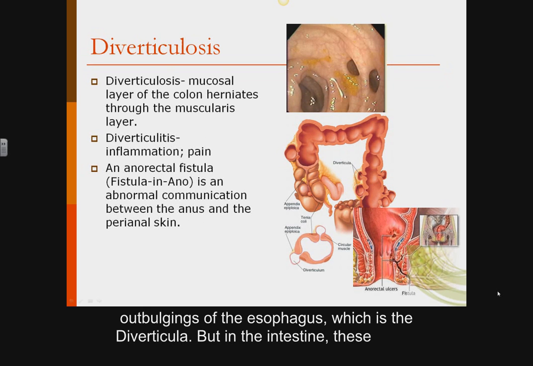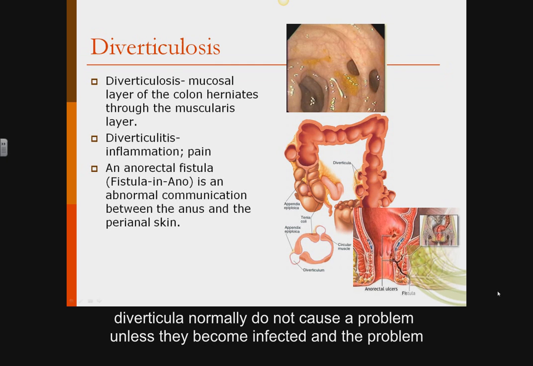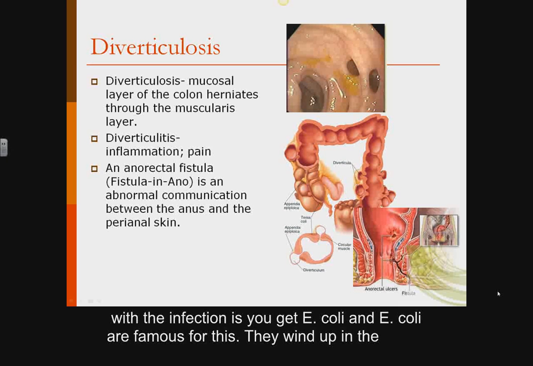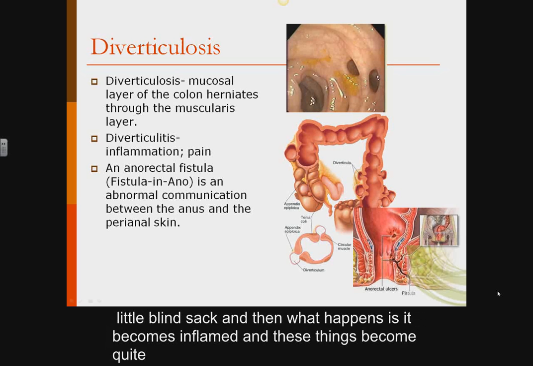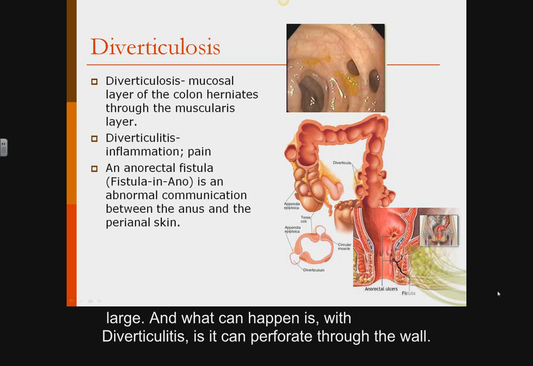But in the intestine, these diverticula normally do not cause a problem unless they become infected. And the problem with the infection is you get E. coli, and E. coli are famous for this. They wind up in the little blind sac, and then what happens is it becomes inflamed, and these things become quite large. And then you get the diverticulitis, which is the inflammation, and that can penetrate through the wall.